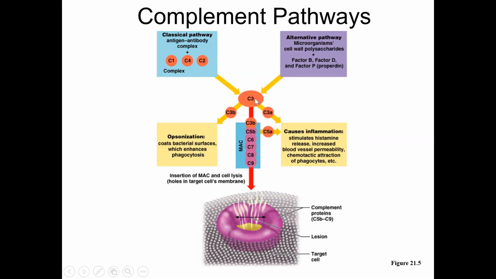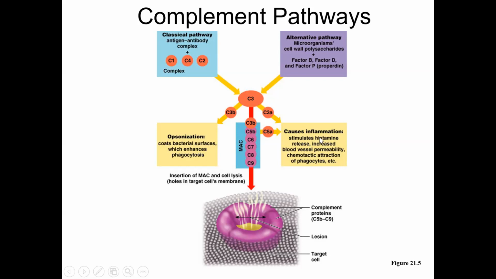At the same time, once you activate C3, you can activate a process called opsonization. That is, you put something on the surface of the bacteria that allows your phagocytes to recognize it much more easily. They say, oh, there's something here labeled as abnormal stuff, so we're going to start the immune responses to destroy them. Also, once C3 is activated, it can trigger inflammation.